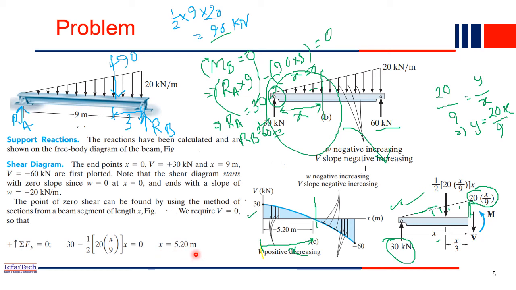So x is 5.2. From here to a 5.2 meter distance, you have the zero shear force. That's how we draw the shear force diagram and find out where the shear force is zero. This intersecting point we have calculated simply using the equilibrium equations.